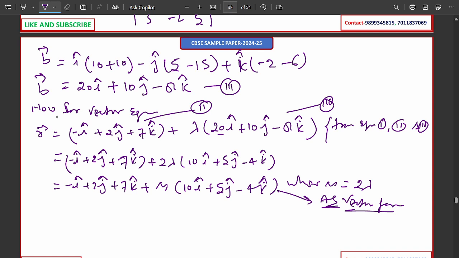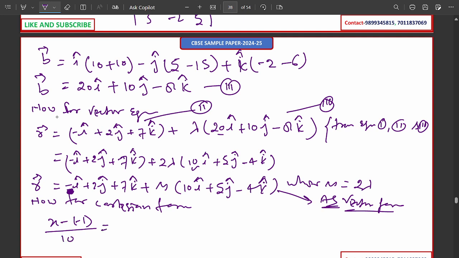Now converting this vector form into the Cartesian form, we can write like that: x minus (minus 1), with the coefficient of the unit vector i. Then y, this coefficient comes with this, and this coefficient comes here.